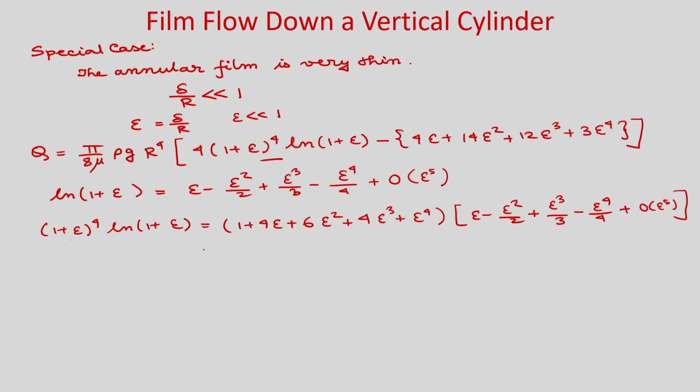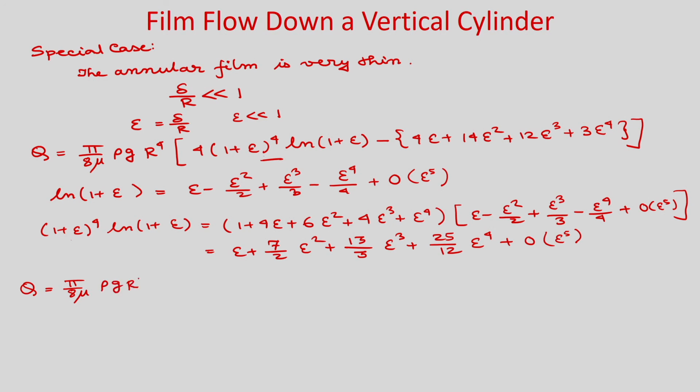So, now if you multiply, then you will get epsilon plus 7 by 2 epsilon^2 plus 13 by 3 epsilon^3 plus 25 by 12 epsilon^4 plus order of epsilon^5. So, now if you see the volume flow rate q, this term you can put it here. So, pi by 8 mu rho g r^4.